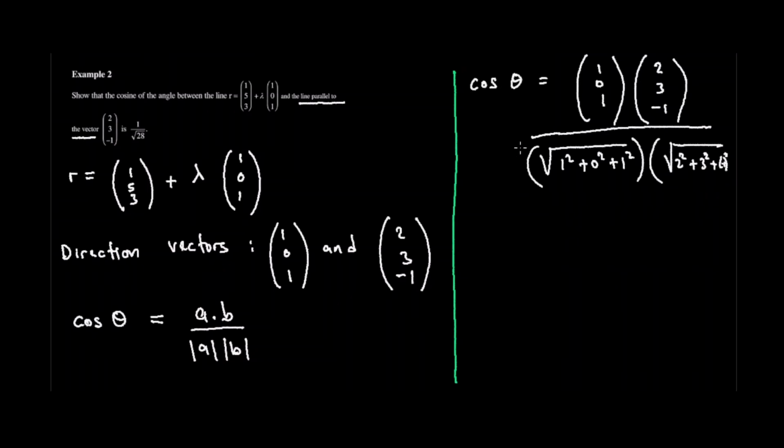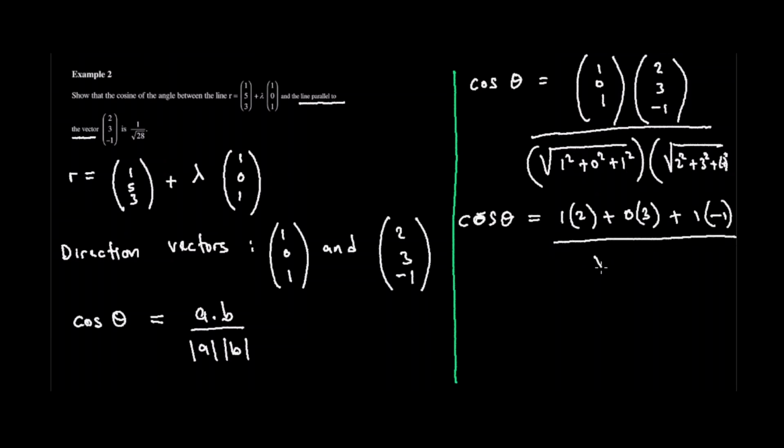So this is equal to, let us continue saying cos theta is equal to, here it is 1 multiplying 2 plus 0 multiplying 3 plus 1 multiplying minus 1. Then 1 squared is 1, 0 squared is 0, 1 squared is 1. So here it is the square root of 2.